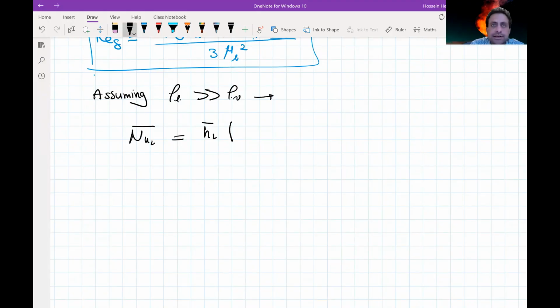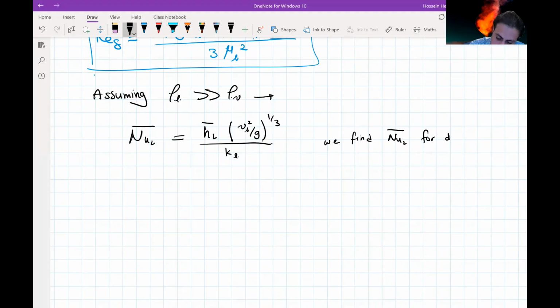The characteristic length that we are using is the kinematic viscosity of the liquid squared divided by g, to the power of 1/3, which has a dimension of length, divided by k_L. If we assume that and define the Nusselt number like that, then we find it for different regimes.